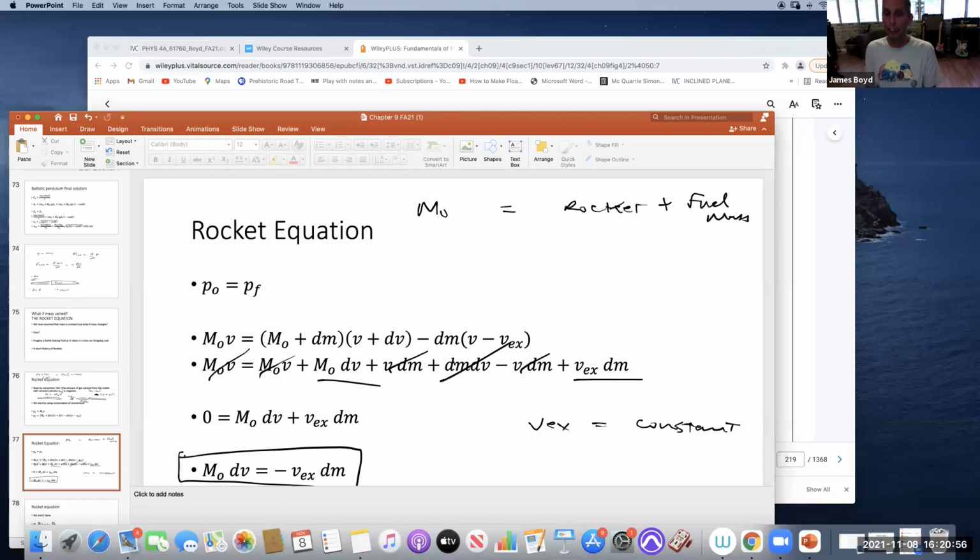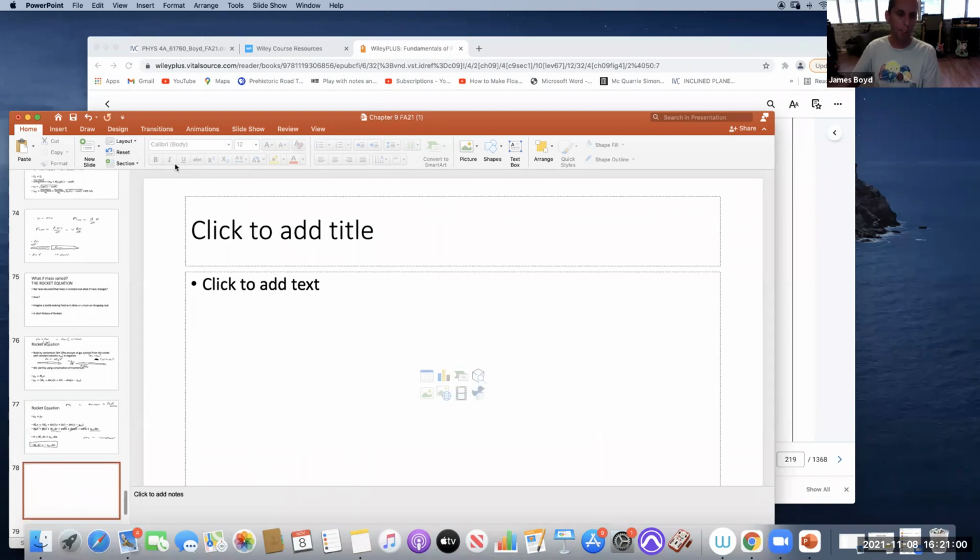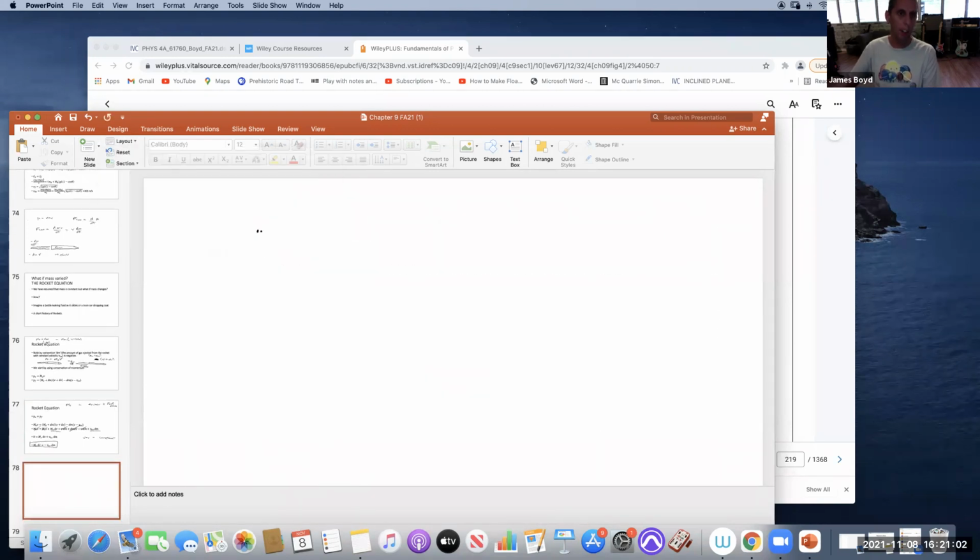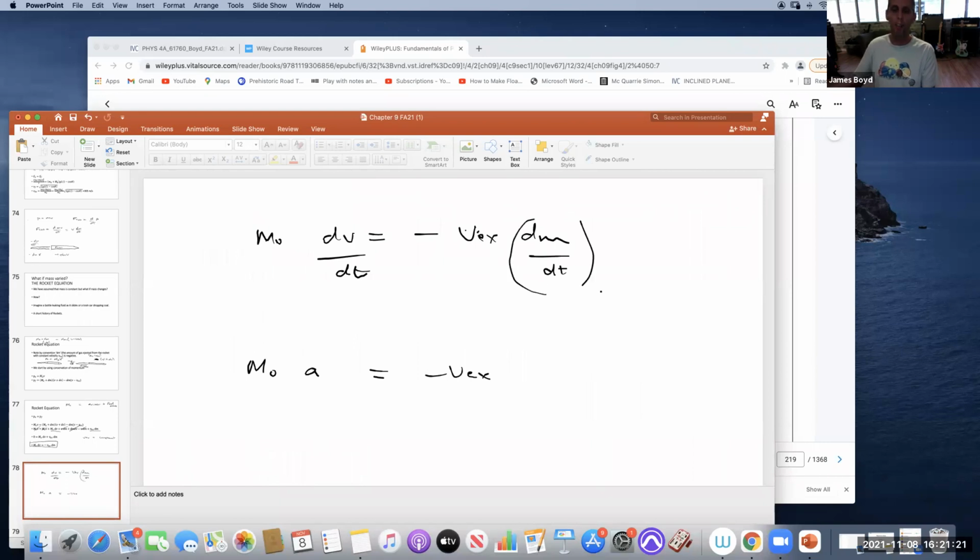Now, we're not done. We're going to do a couple things to this. So I have m naught dv is equal to negative v exhaust dm. Divide by dt on both sides. dv dt is acceleration. Minus v exhaust, this right here is the amount of mass lost in a certain amount of time.